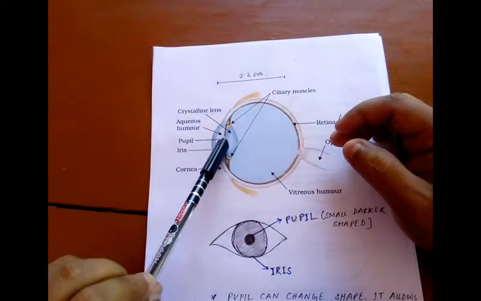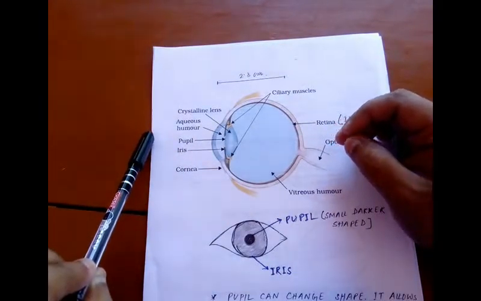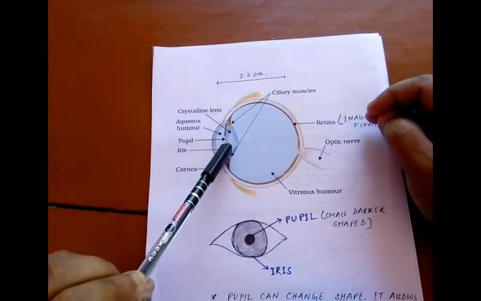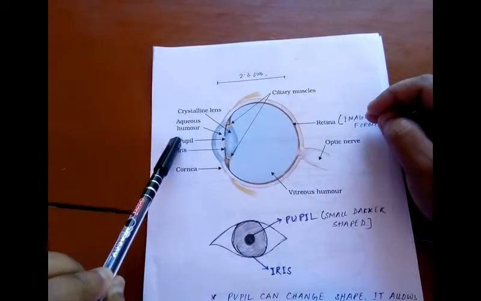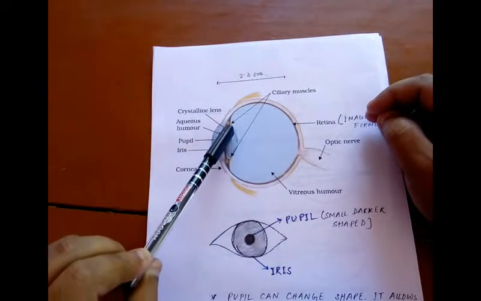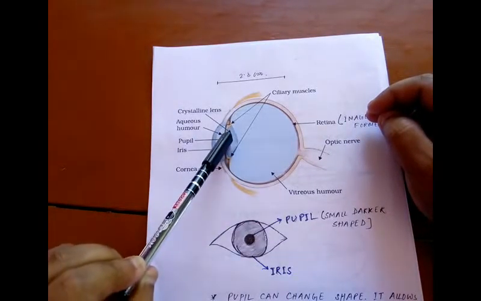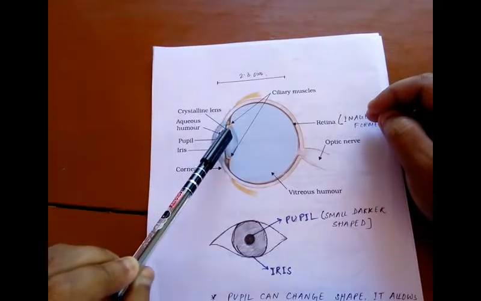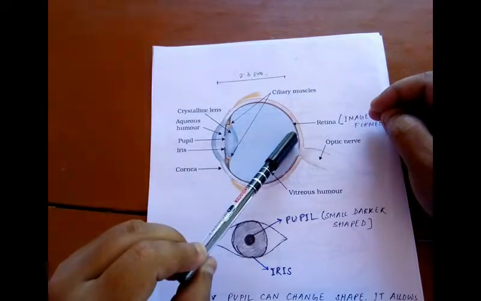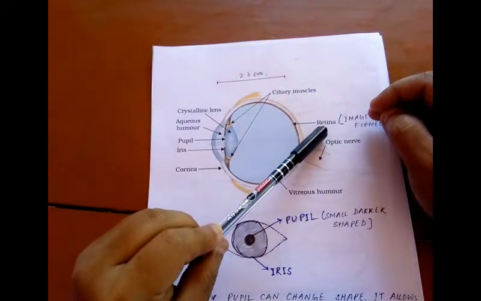As I told you earlier, if the light from the object enters the eye, then only you can see. So when the light enters through the cornea, the crystalline eye lens provides finer adjustment in such a way that an image is formed at the retina. The sharp image should always be formed at the retina.